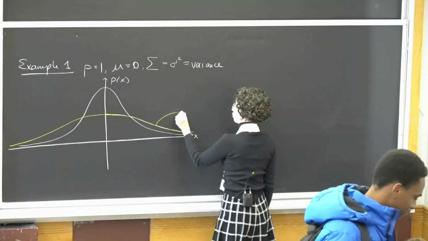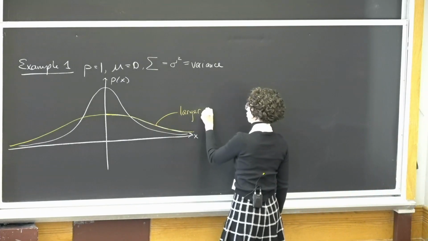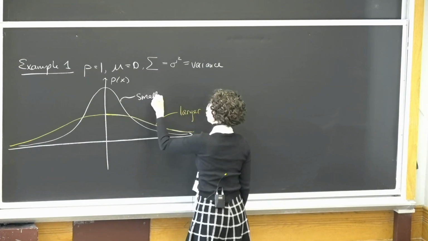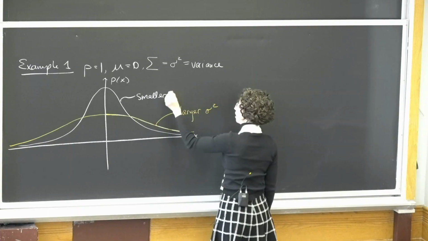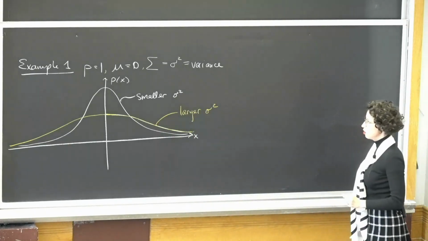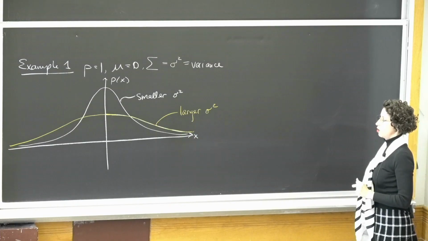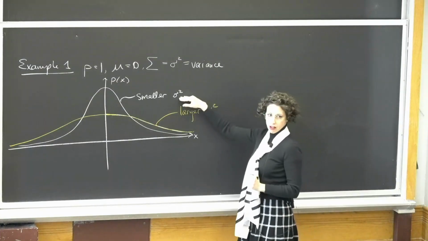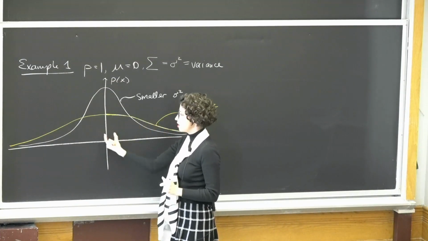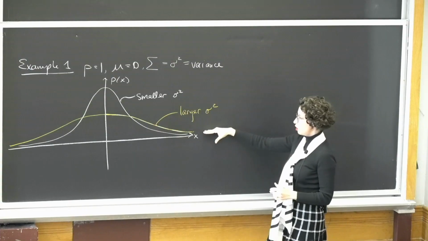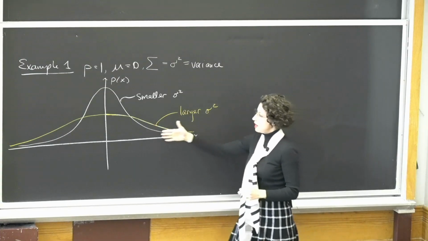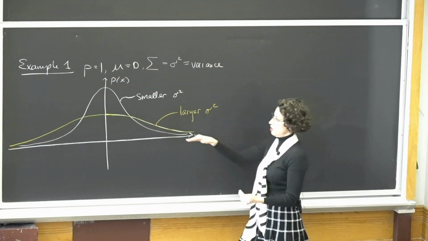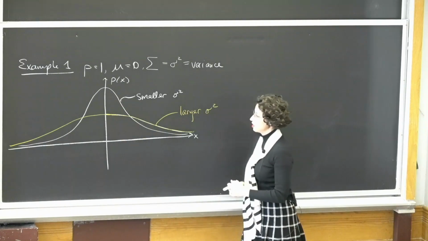Okay, so this orange curve would correspond to a larger value of sigma squared, or a larger variance, and this taller, narrower curve in white would correspond to a smaller variance, or a smaller value of sigma squared. And so when we've got a smaller value of sigma squared, the values are more concentrated around the mean. Both of these curves, if we were to integrate them from negative infinity to infinity on x, would integrate to 1. But the maximum amplitude is different and the spread is different.